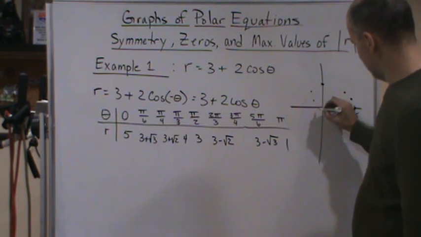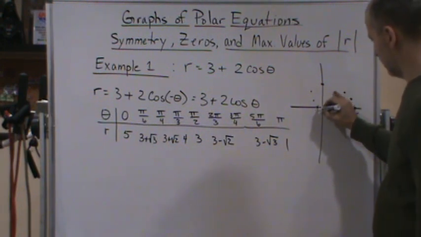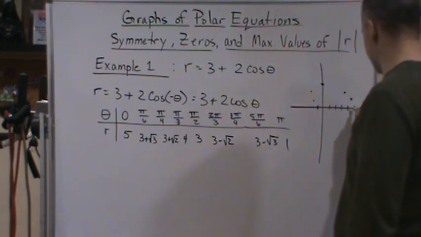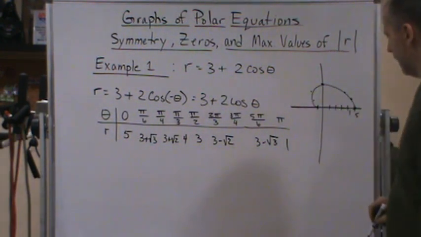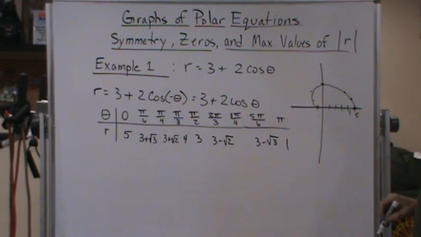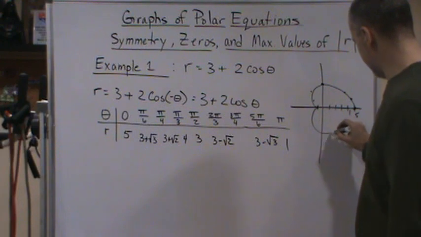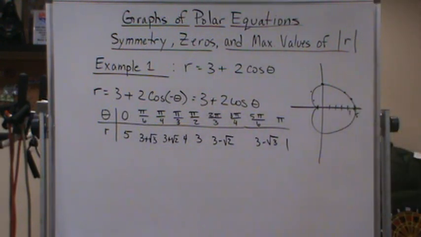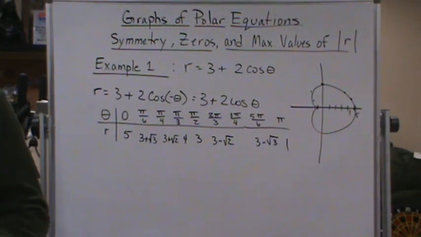And then right there. So we're doing something like that, right? And since it's symmetric with respect to the polar axis, we assume it's going to do the same thing over on this side. And we're going to get something that looks like that. Okay? And again, my drawing's not the best. But we get something that looks like that. Okay?